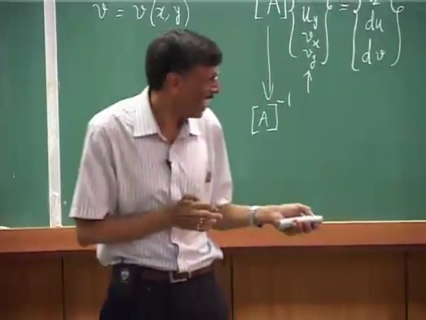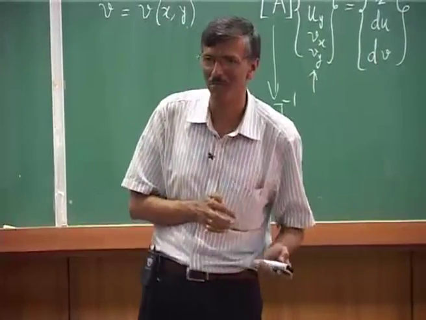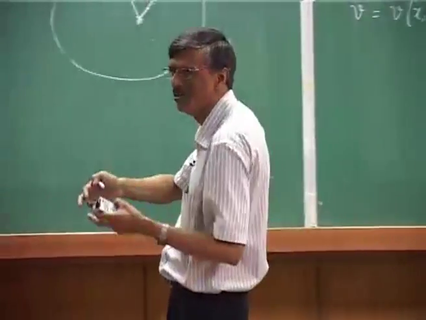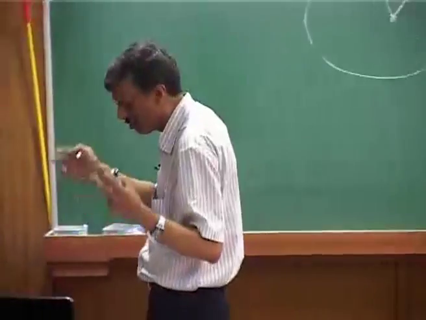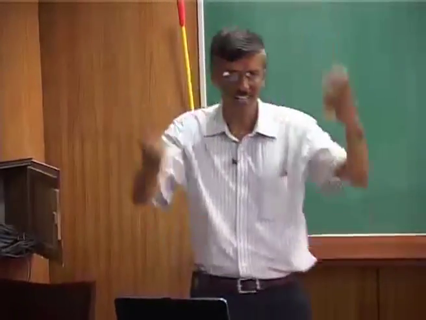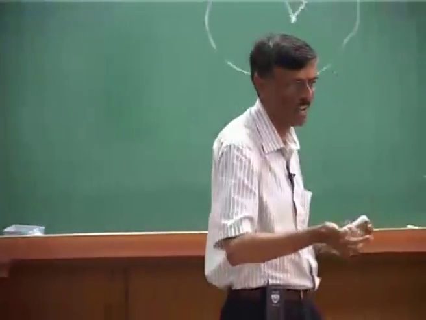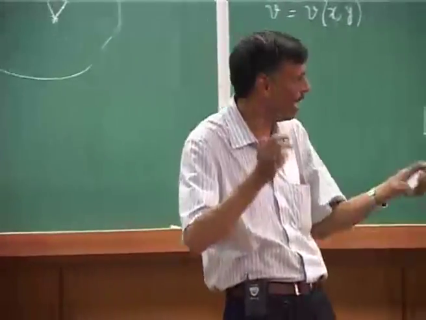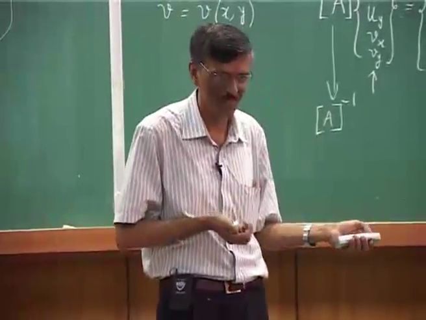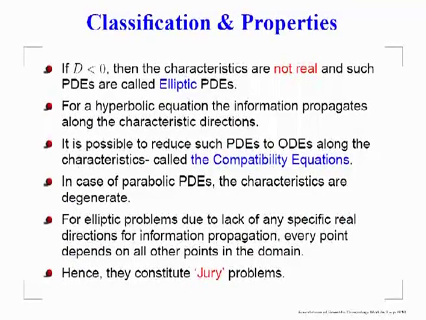Anyway, that is where this jury problem comes from. Everybody sitting in the room is a jury. When they decide together that we have achieved our task for one time step or one iteration, then the jury agrees and the problem is settled. So, that is why historically elliptic PDE is also called a jury problem. That is a legacy of history.